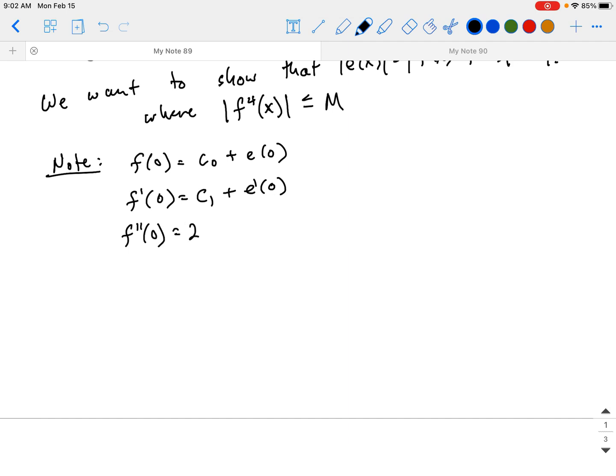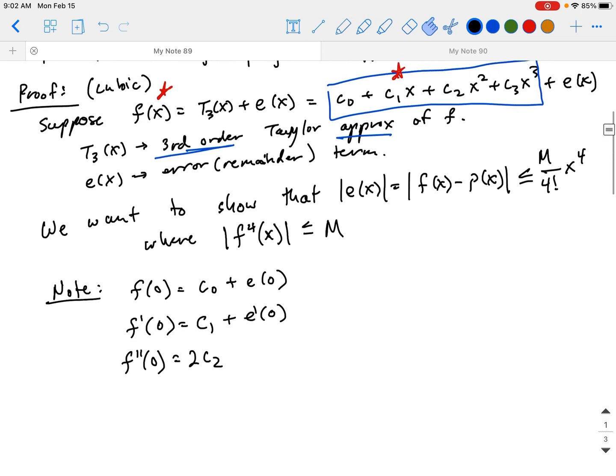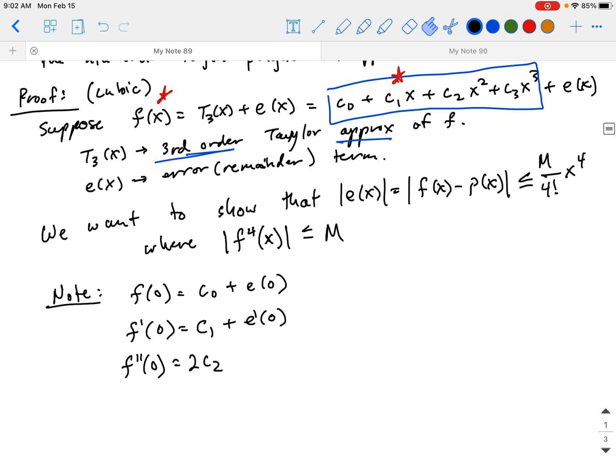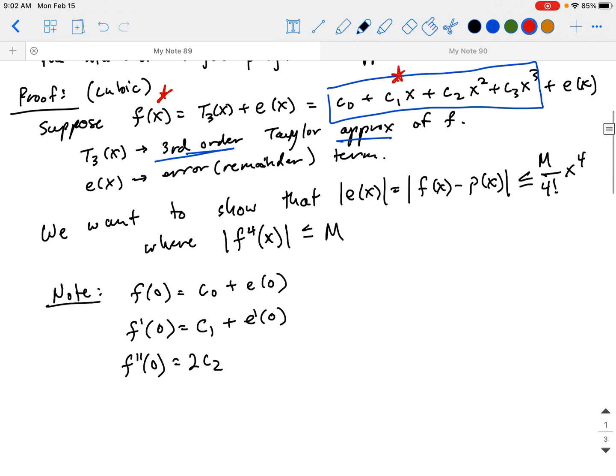So E of x is just left as a general expression. So f double prime of 0 then is going to be 2 times C2. Note that the x squared term is going to bring down a 2 by the power rule. So again, we're getting 0 factorial, 1 factorial, 2 factorial, because we're just deriving these values like we would for a Taylor series. So f double prime of 0 is going to be 2C2 plus E double prime of 0.